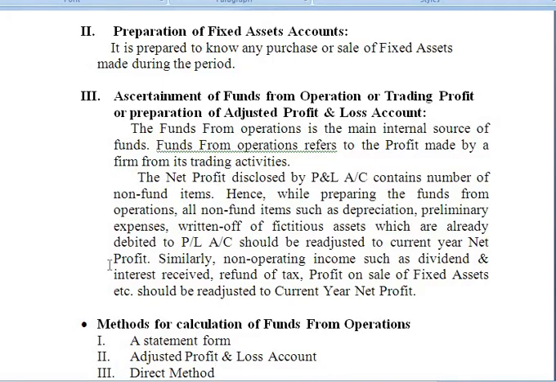But the same profit we cannot take in the preparation of funds flow statement. Here we need to find out the profit earned by the firm from their operating activities, which is called funds from operations. So how can we find that out? The funds from operations is the main internal source of funds, and funds from operations refers to the profit made by a firm from its trading activities or operating activities.